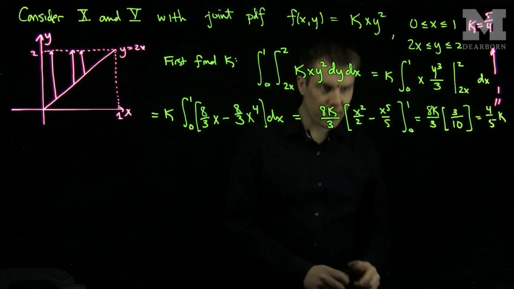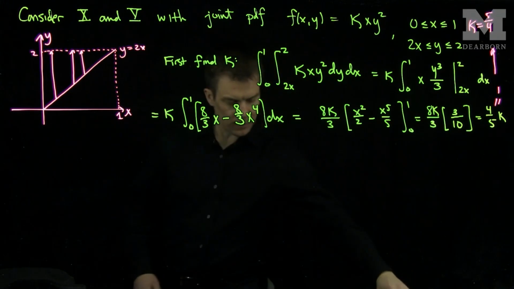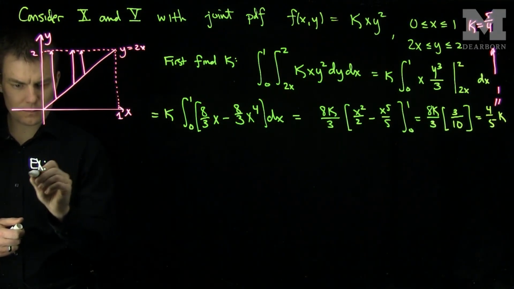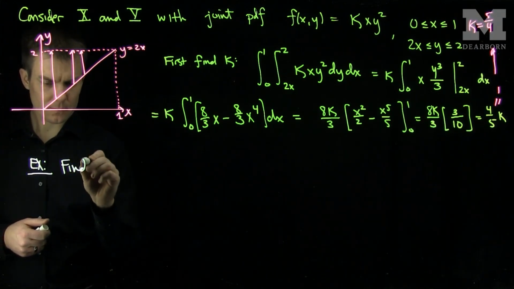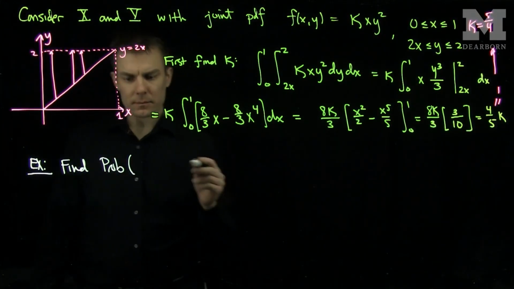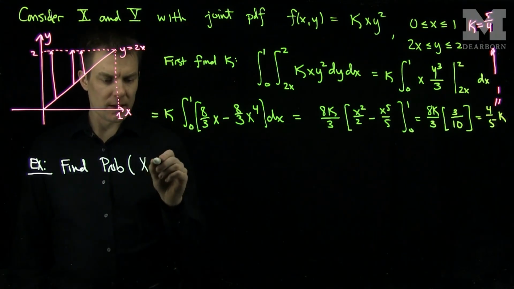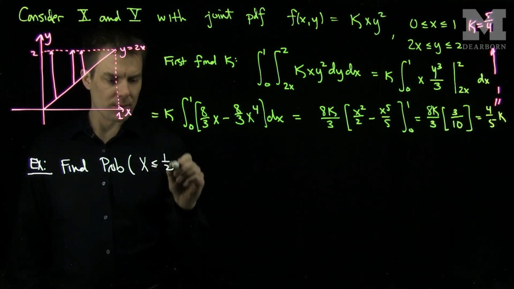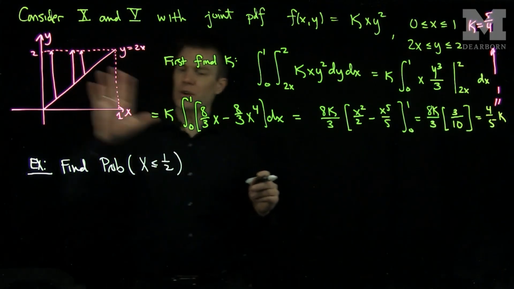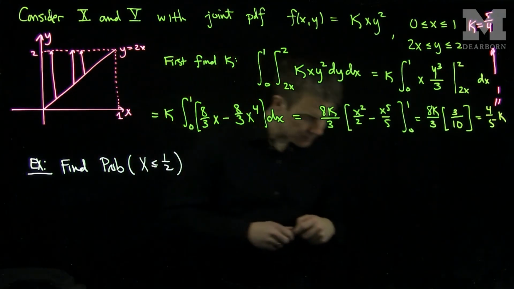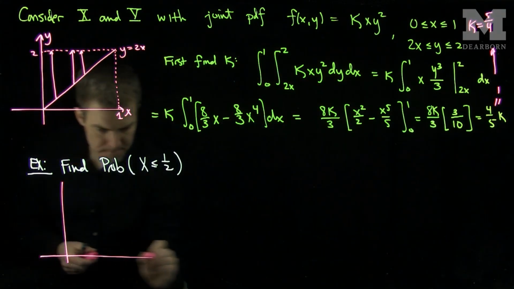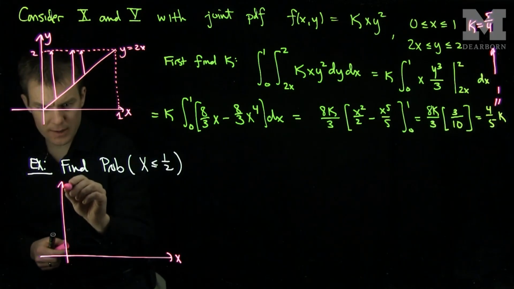Now that we have the value of k, we can solve a problem. Let's find, for example, the probability that x is less than or equal to 1/2. So we look at the portion of our region where this probability is true. We'll plot our region again. Here's the x-axis, here's the y-axis.